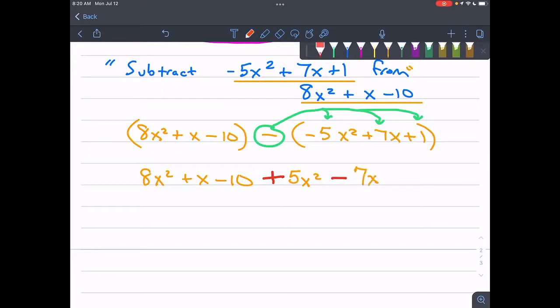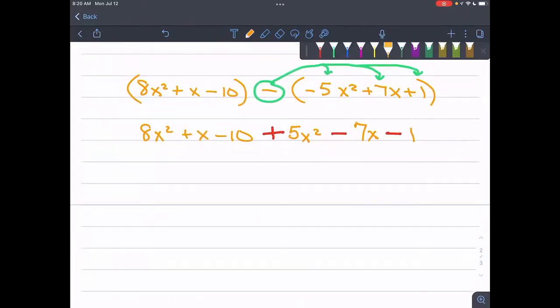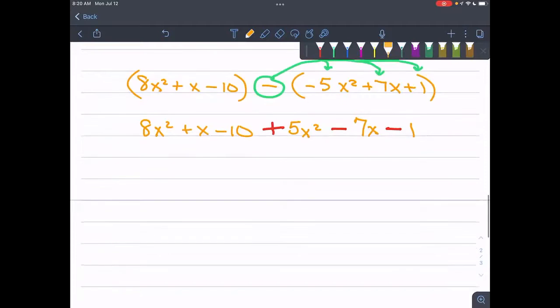And then if you subtract positive 1, that's negative also. So basically, you should end up with all different signs for that second parentheses. Negative 5 is positive, positive 7 is negative, positive 1 is negative also.